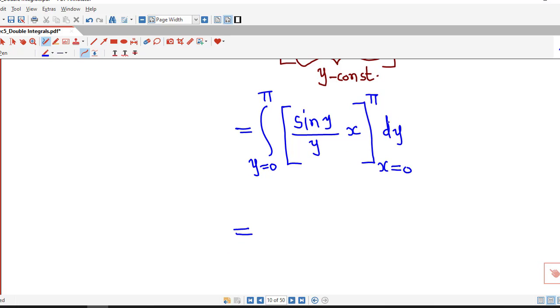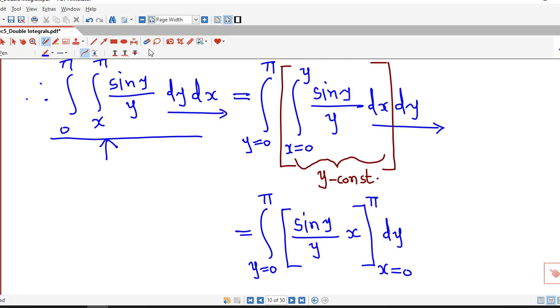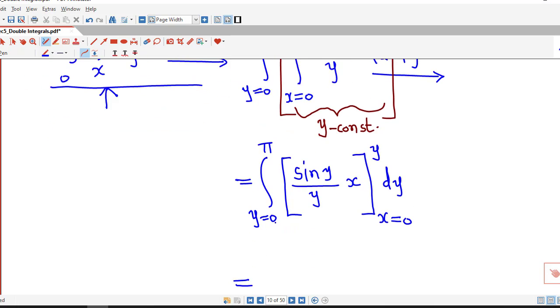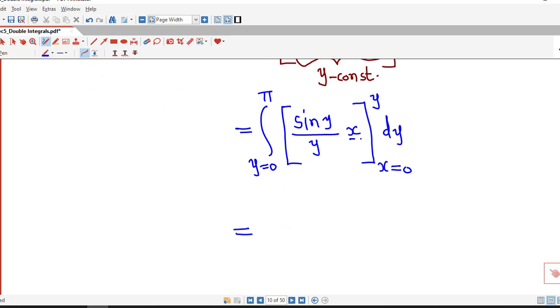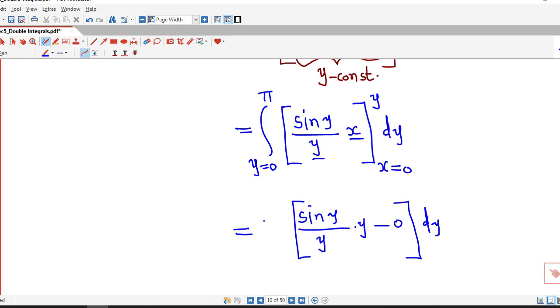Now first we put, here x is from 0 to y, and y is from 0 to pi. So first if we put x equal to y, that is the upper limit, we can write one more step: sin y over y into y, minus x equal to 0, and then we integrate with respect to y from y equal to 0 to pi.